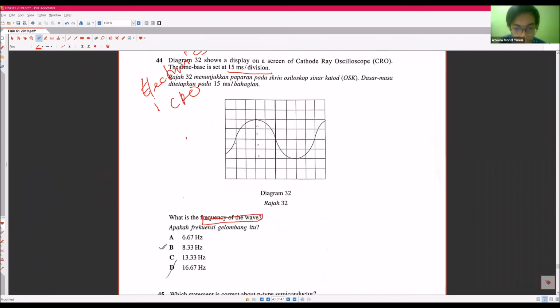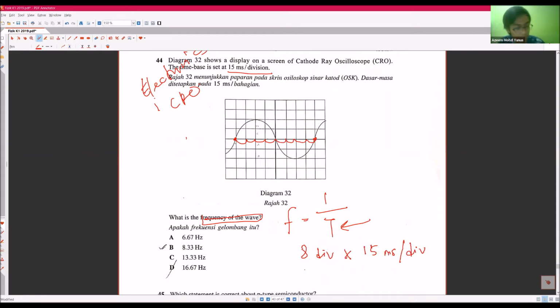So in order to find the frequency of the wave, first, what is the period? We can calculate from here to here: 1, 2, 3, 4, 5, 6, 7, 8. So 8 divisions times 15 milliseconds per division.